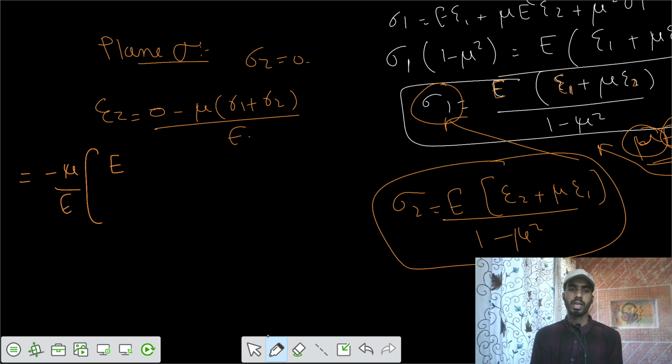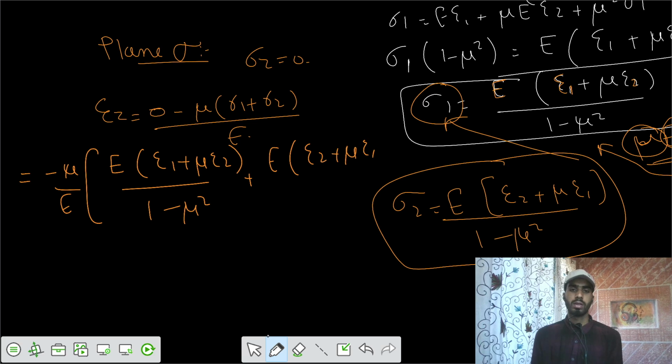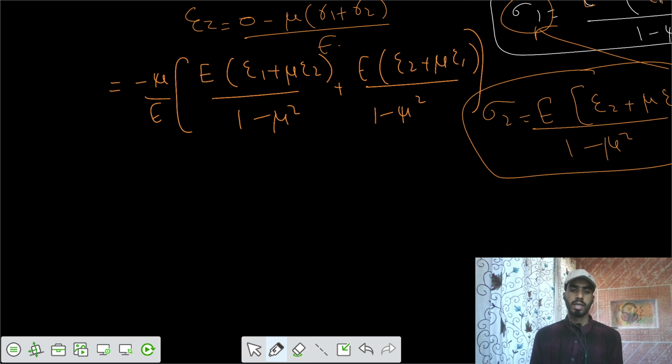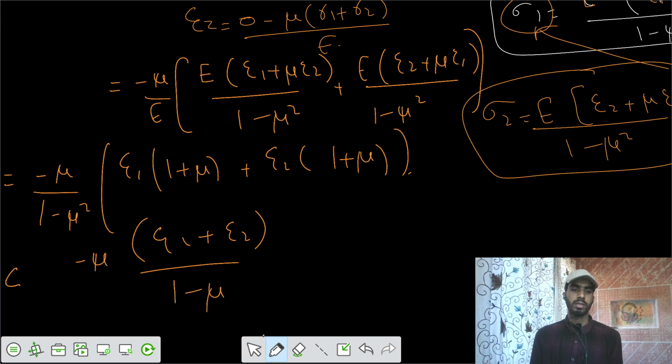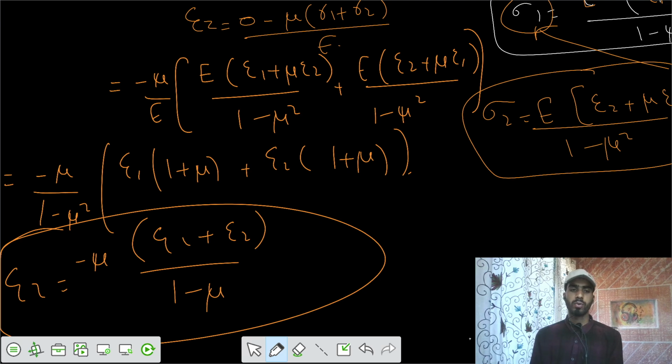That equals E times (E1 plus mu E2) by (1 minus mu square) plus E times (E2 plus mu E1) by (1 minus mu square). Let's calculate further. You would get minus mu by 1 minus mu square, and you can take E1 common, 1 plus mu, and E2, 1 plus mu, and you get E1 plus E2 divided by 1 minus mu, into minus mu. That's strain z: minus mu into (strain 1 plus strain 2) divided by 1 minus mu.